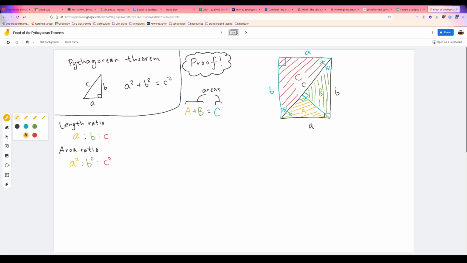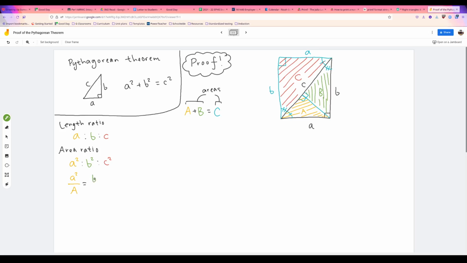Or another way we could write this equation is that a squared over capital A equals, remember, capital A is just the area of the yellow triangle. So this is the ratio of the yellow triangle to the square of one of its sides.